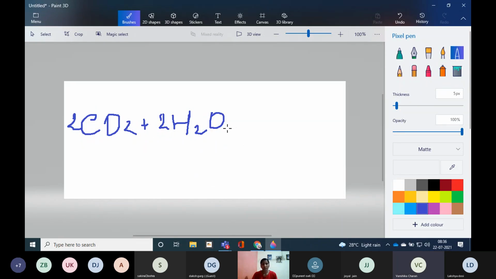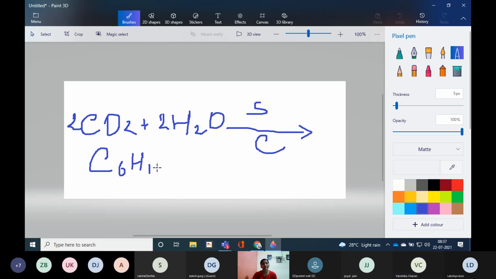So CO2 plus 2H2O will give out what? In the presence of sunlight, S stands for sunlight and C stands for chlorophyll. So in the presence of sunlight and chlorophyll, it will give out C6H12. Somebody say the remaining answer. O6. C6H12O6 plus oxygen, right?